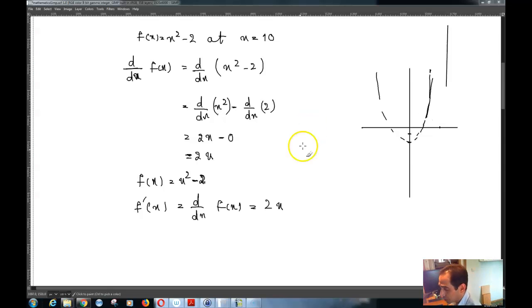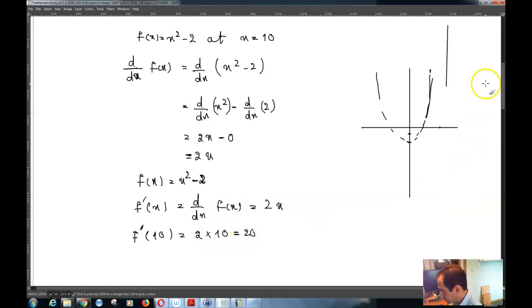So now the derivative of f of x is equal to 2x, and so f prime of 10 is going to be equal to 2 times 10, which is equal to 20. So the derivative of the function at that point, at x is equal to 10, is going to be equal to 20.